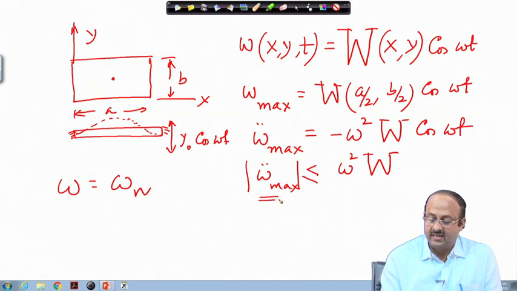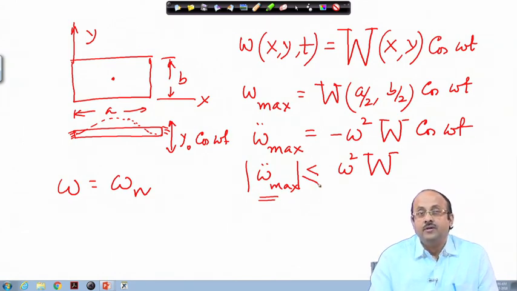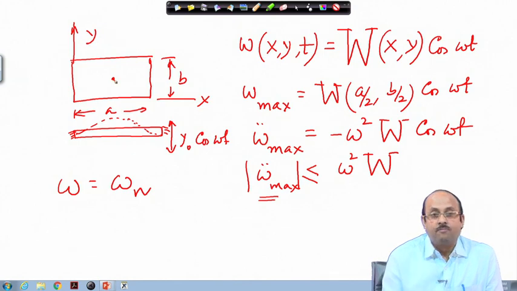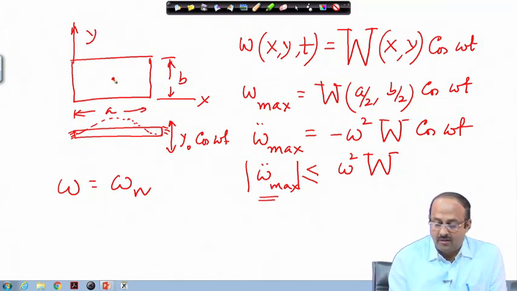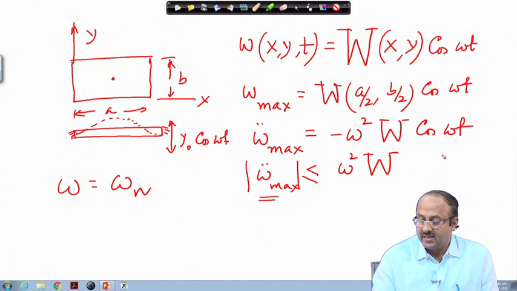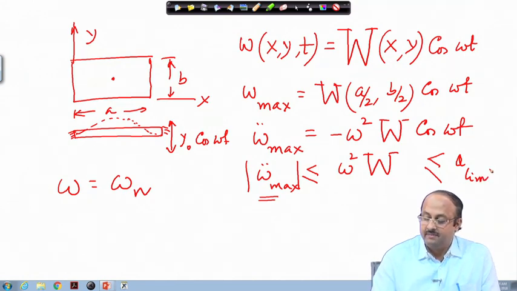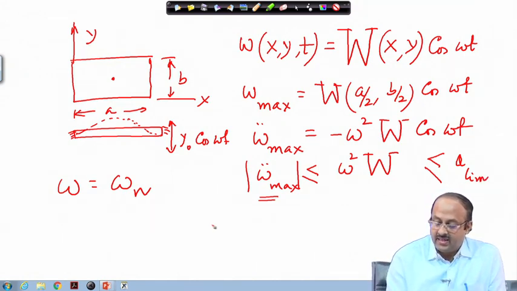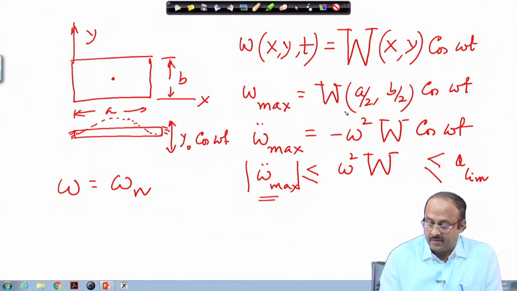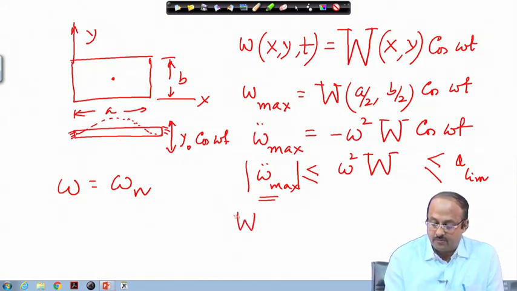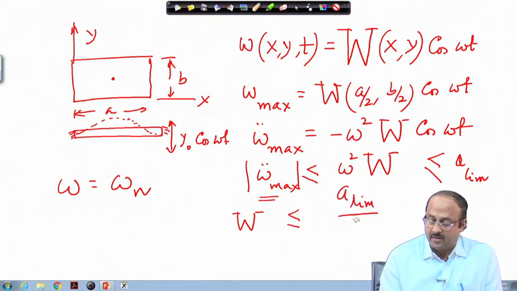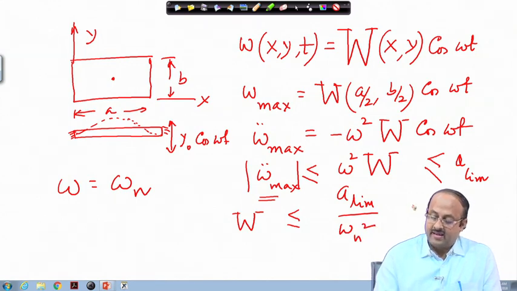So, if this is our maximum value of the acceleration, and this is to be limited, that means we do not allow the acceleration of this point to go beyond a certain value. Suppose I want it limited by a certain limiting value of acceleration. In that case we see that this function W must be less than the limiting value divided by omega n square, assuming that omega is equal to omega n.